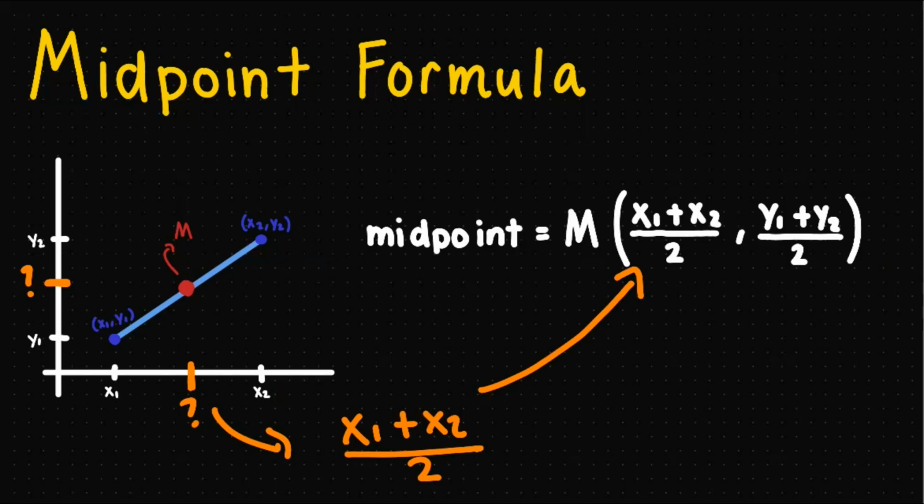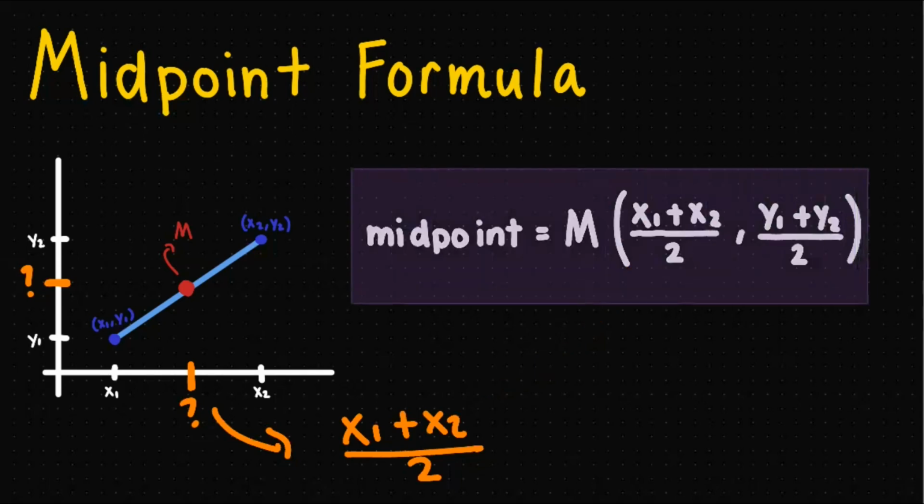So that is how we obtain this midpoint formula. It's just like getting the middle of each coordinate. So don't forget this formula, as we will be using it in the following examples later on. Actually, let's copy it so we have a reference later.